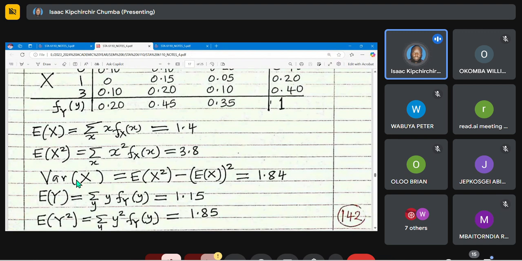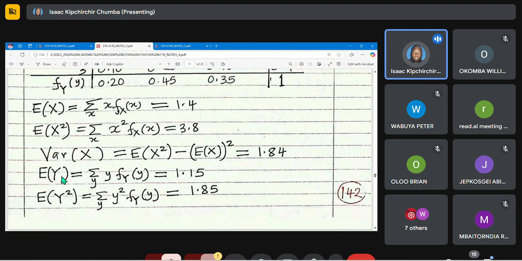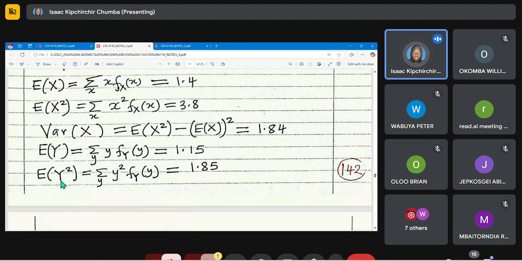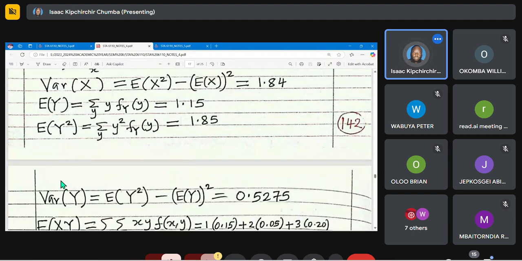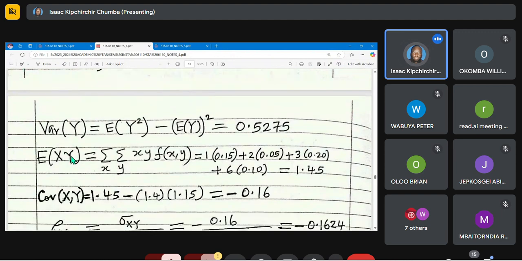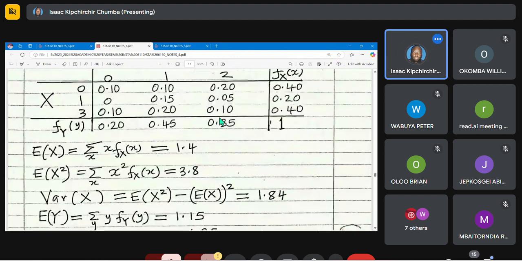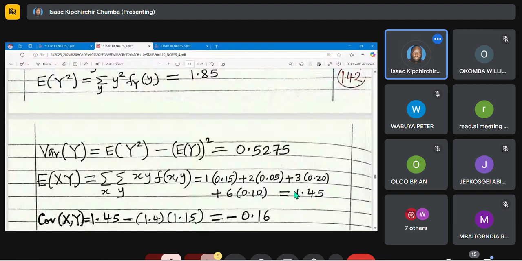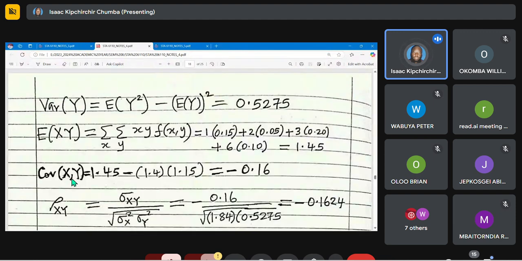Similarly for Y, get the mean, the second moment, and the variance of Y. Get the mixed moment now; you have to use the joint probabilities. Get the covariance using the formula. The moment you see a minus, the correlation will be negative. Get the correlation.